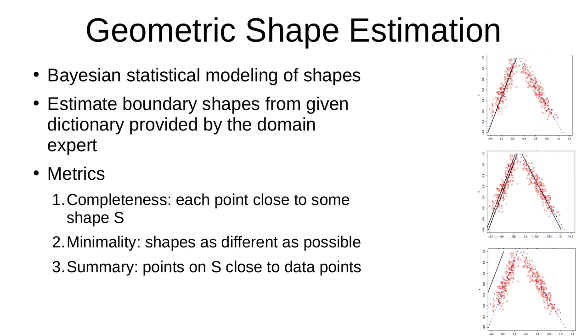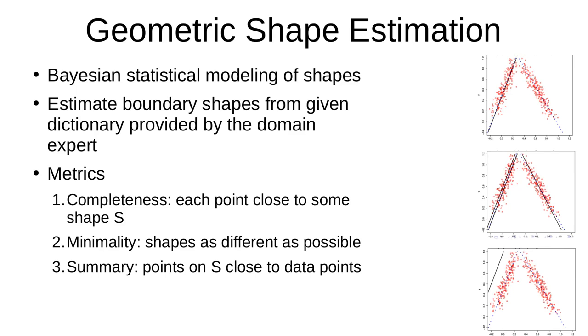Here in the bottom panel, the estimated line is way off from the data points, so this would violate the metric. So with that framework, with a low number of test cases, we are able to find and characterize boundaries in high-dimensional spaces.